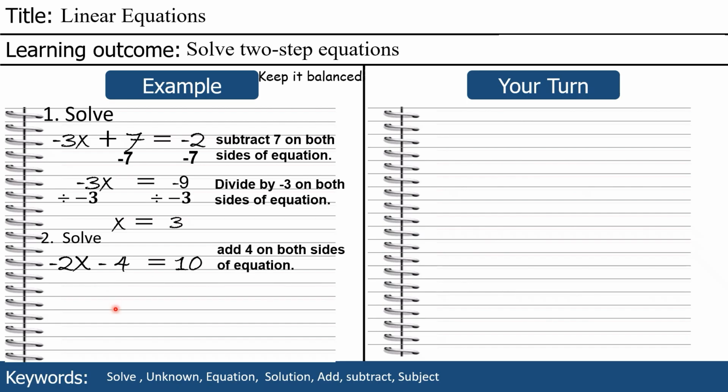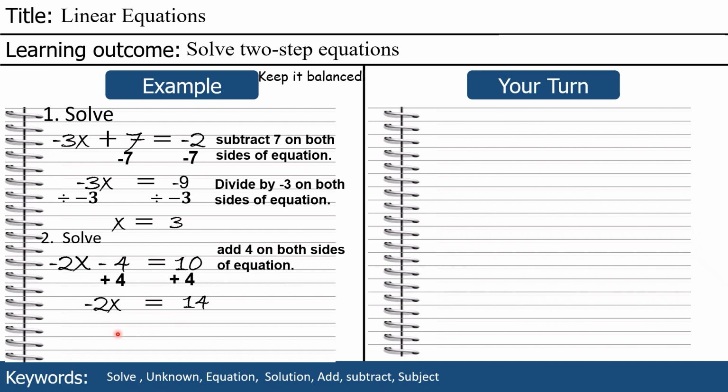So on the left hand side of the equation we add 4, and on the right hand side of the equation we add 4. Now we'll have negative 2x equals 14.